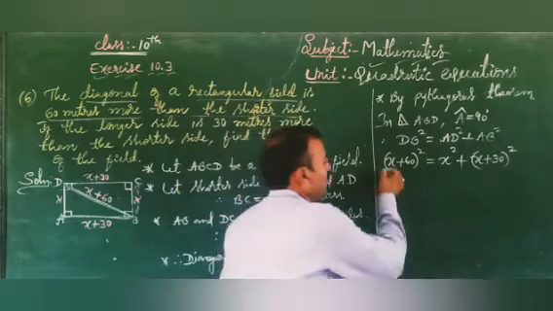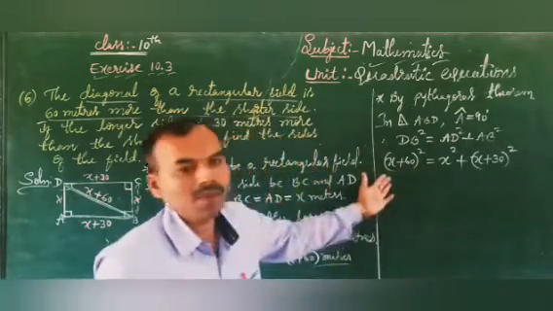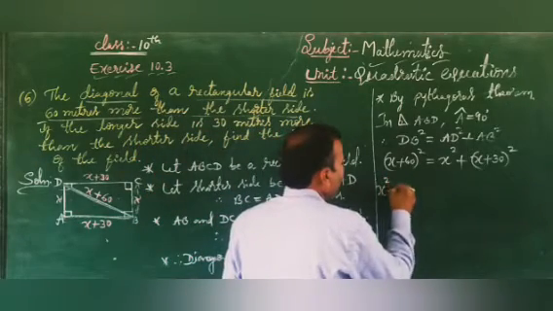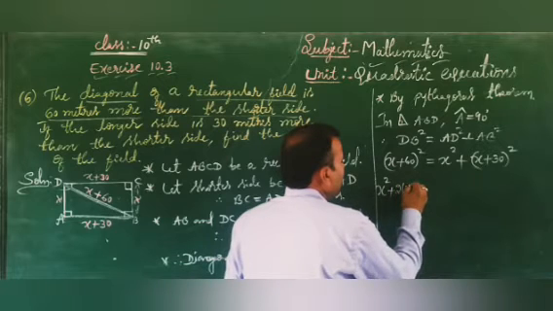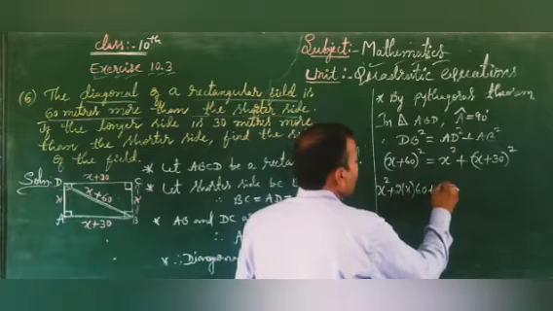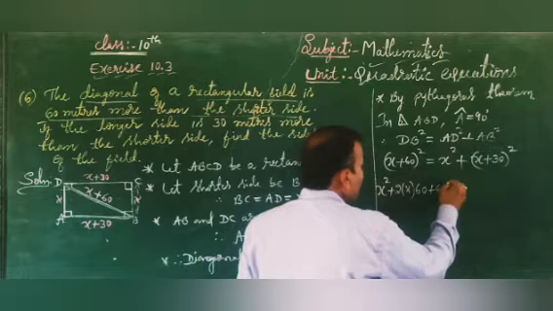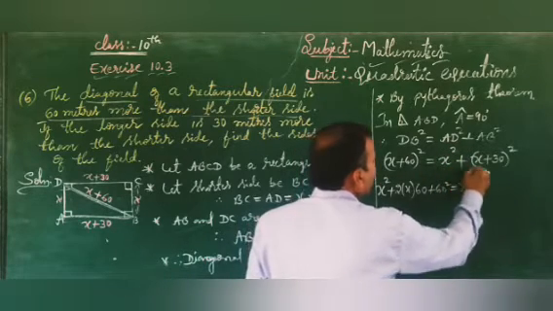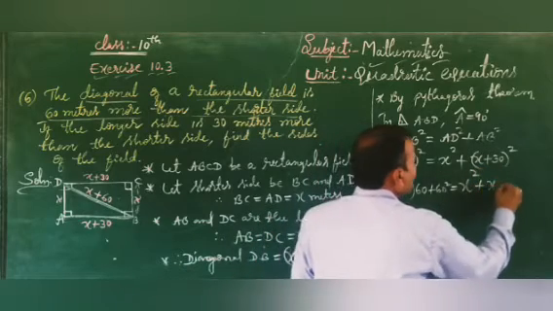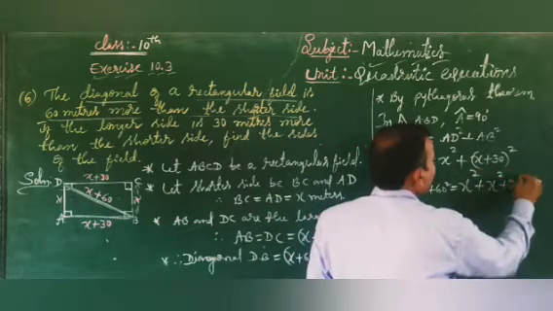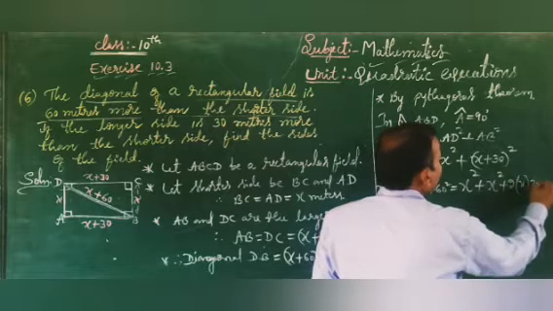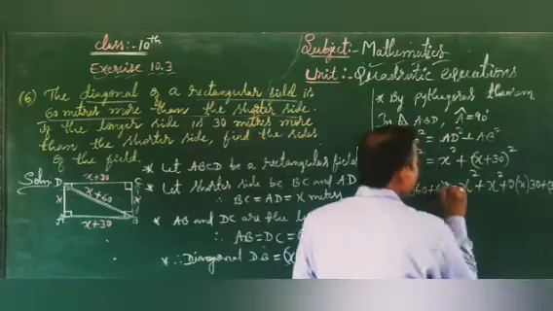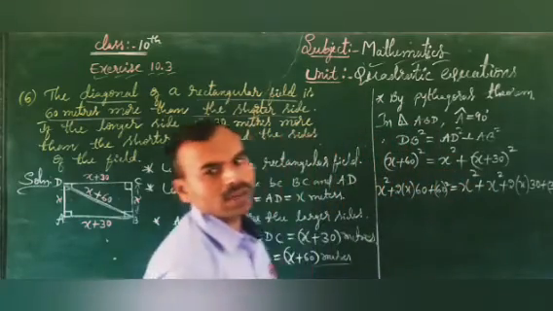I think you can apply the identity (a plus b) whole square. Here x square plus 2 into x into 60 plus 60 square is equal to x square plus 2 into x into 30 plus 30 whole square.